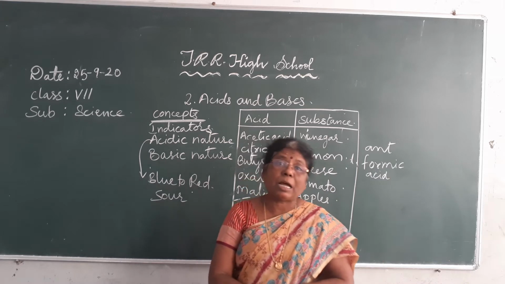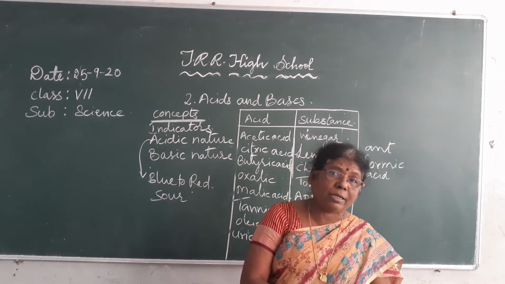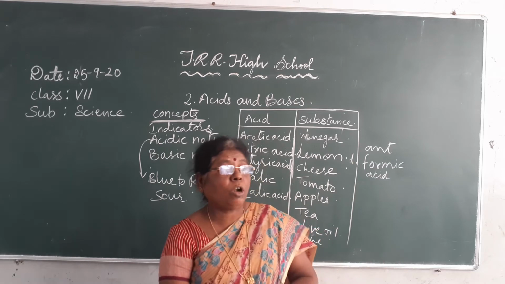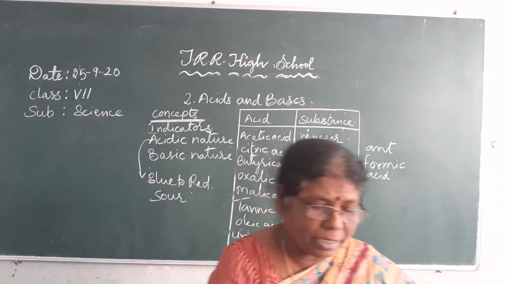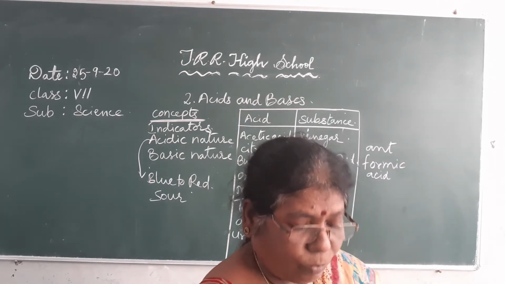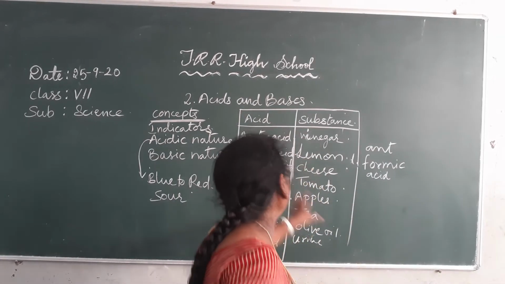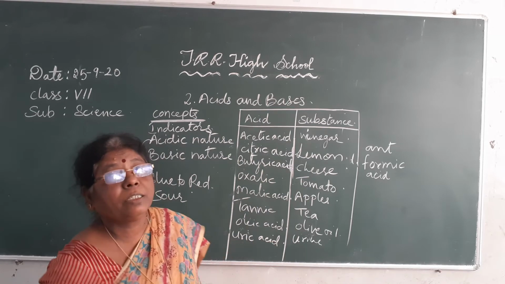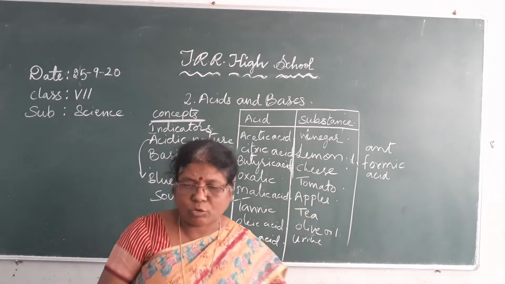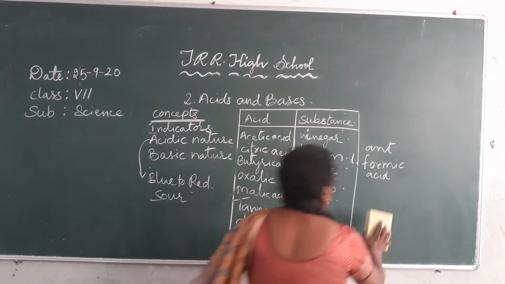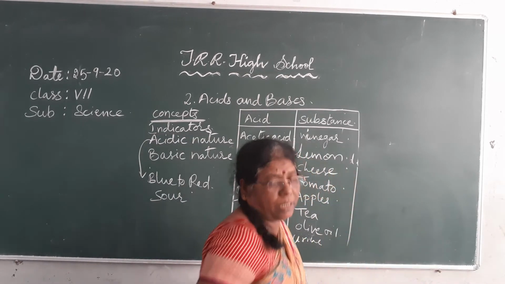some acids are made in the laboratory. These are called laboratory acids. Apart from the natural acids, some acids are made in the laboratory. What are they called?